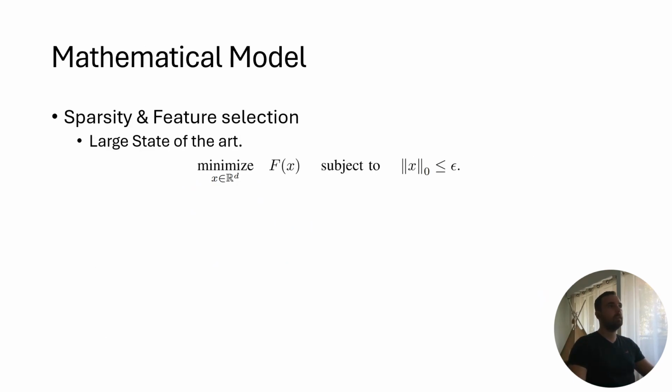So the question now is, how can I have sparsity in my model? There is a large state of the art on sparsity selection in machine learning.